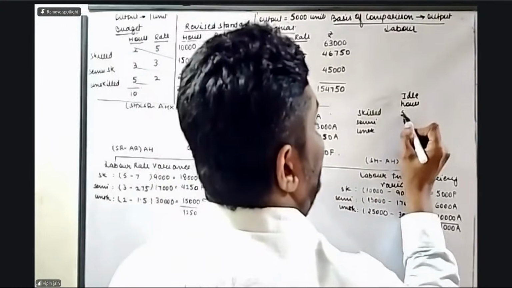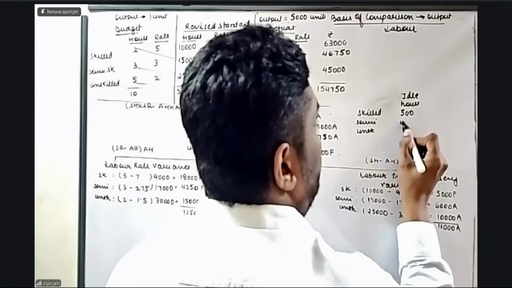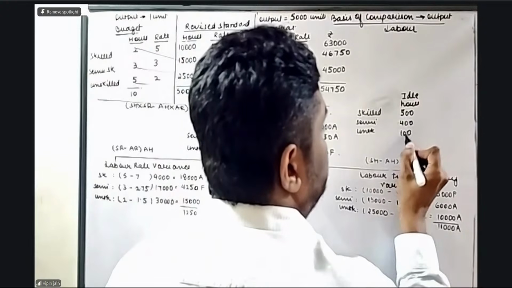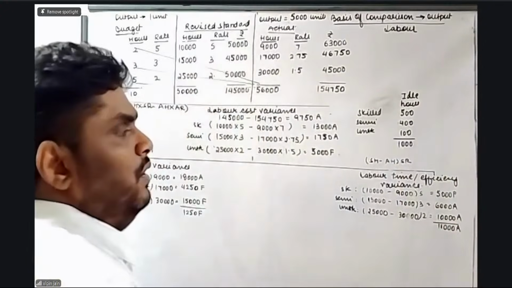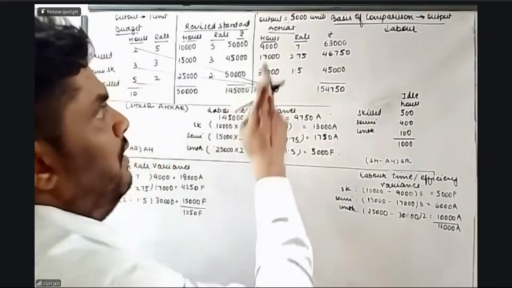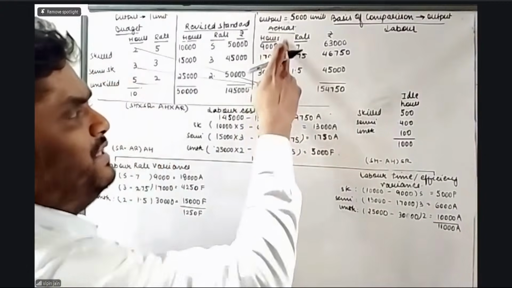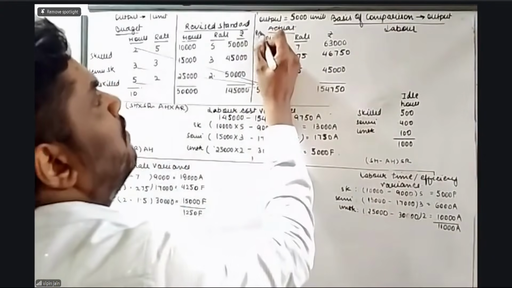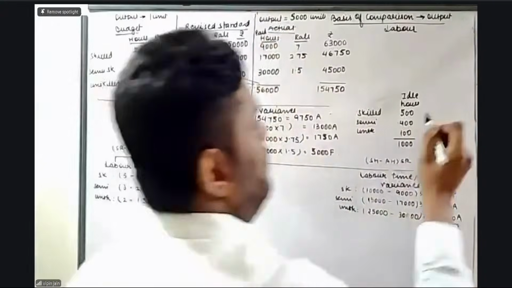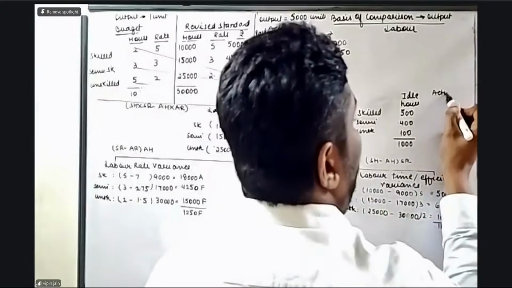So let's say idle hours are given as 500, 400 and 100. So in total it will be 1000. Now this is what my hours actually paid for, so this will be my paid hours, and we will be able to calculate actual hours worked.